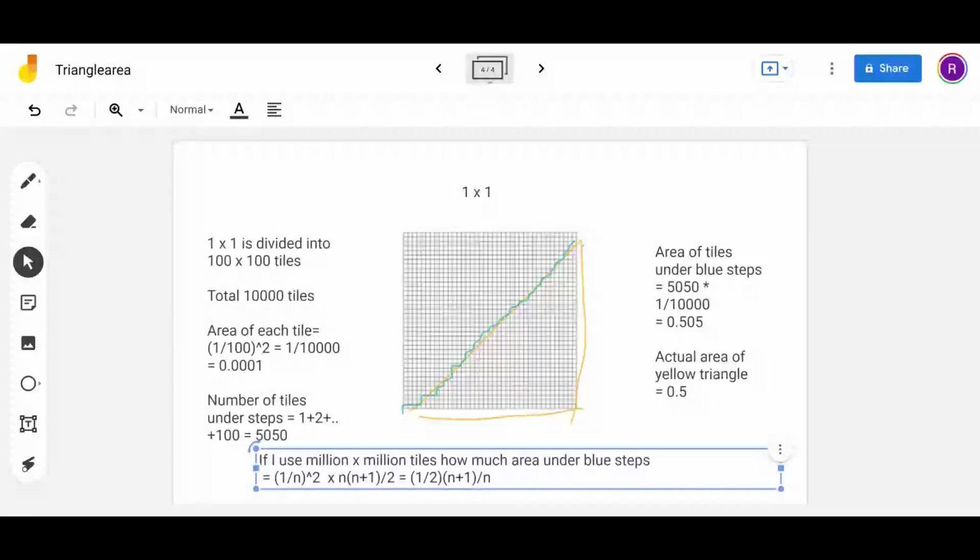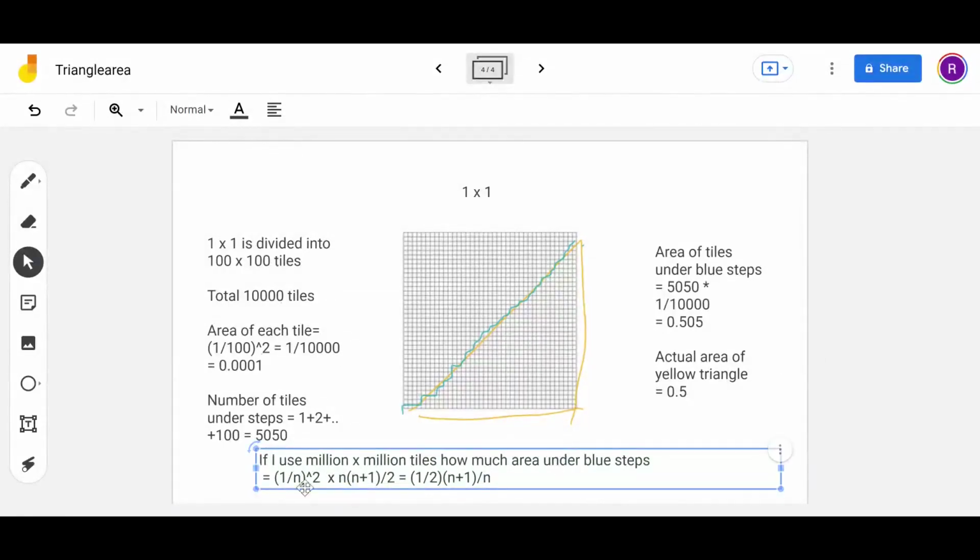When n is a million, what will I get? Half of million. Is this half a million? This is the total area under the steps, okay?